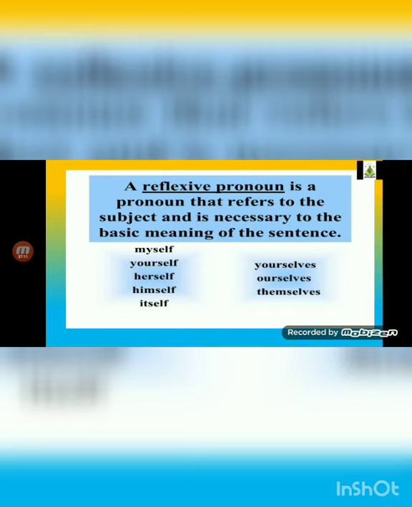Examples of the reflexive pronouns are myself, yourself, herself, himself, itself, ourselves, themselves, and yourselves. Okay, so these are the examples of the reflexive pronouns. Now, these are something which you need to learn by heart. Now, in some cases, you have to use ourselves, themselves.